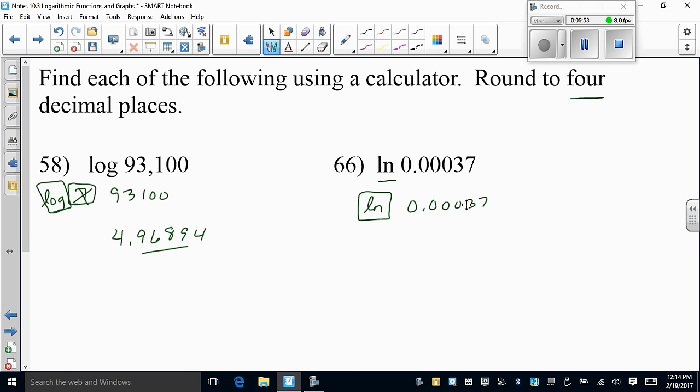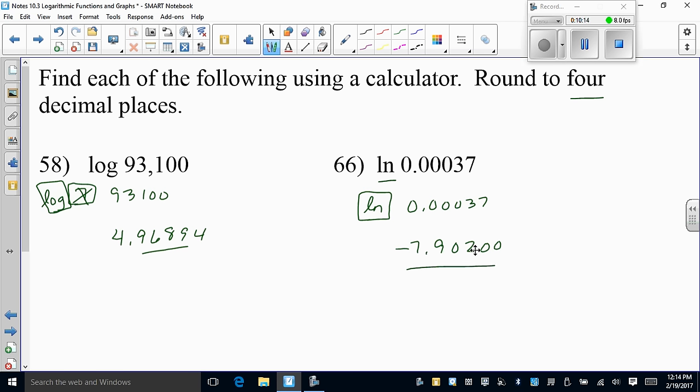Gives us negative 7.90200. If you round it, right? That's more than I needed. So, yeah. And there you guys go. The calculator part should be by far, obviously, the easy part.